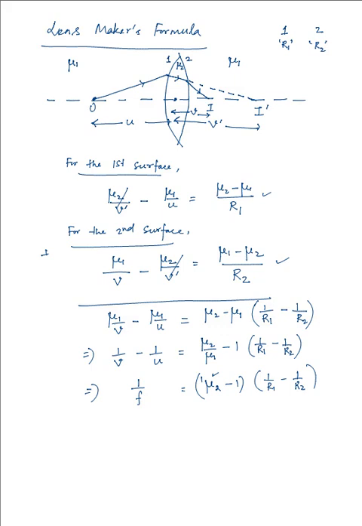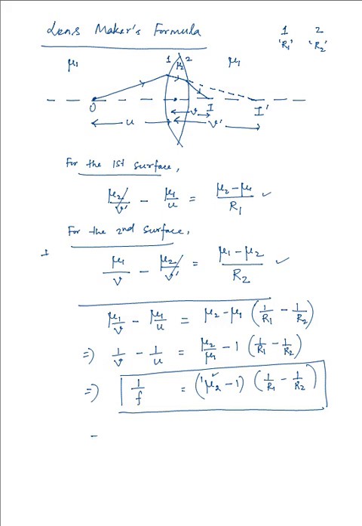So 1 over f is equal to this factor that we are seeing on the right hand side, which is the refractive index of the medium of the lens with respect to the outer medium minus 1, and the bracketed term contains the difference between the reciprocal of the radii of curvature.